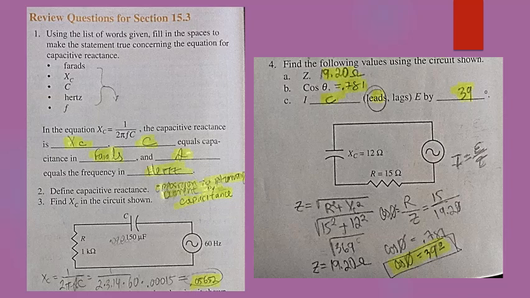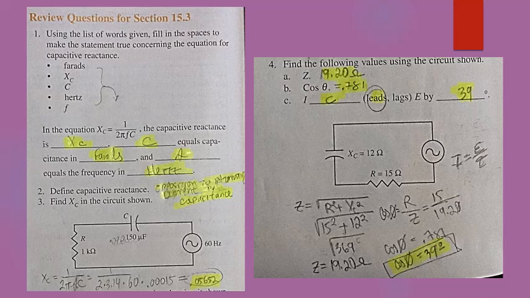In this case we have 15 squared plus 12 squared, or 369. We take the square root of 369 and we get 19.20 ohms for your impedance. Again, your impedance is the combination of reactive resistance and the resistive value in ohms. It is a vector sum, which we can do with the Pythagorean theorem.